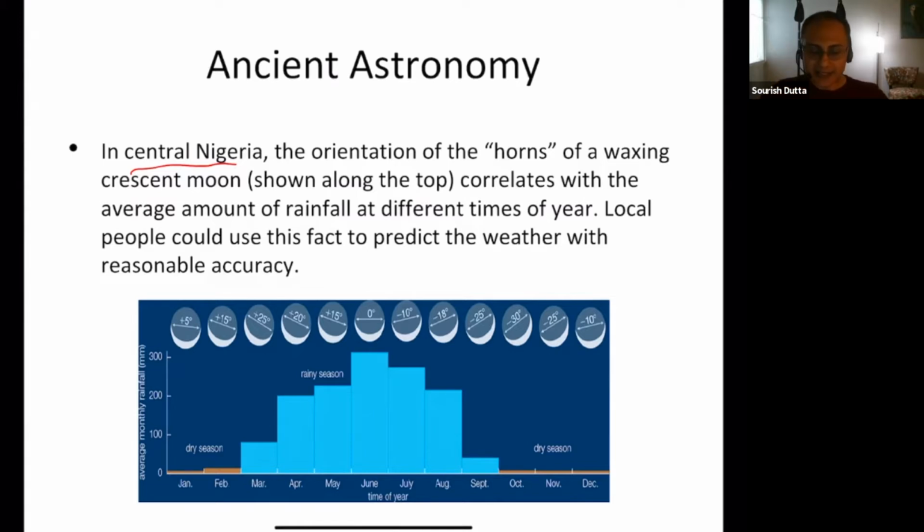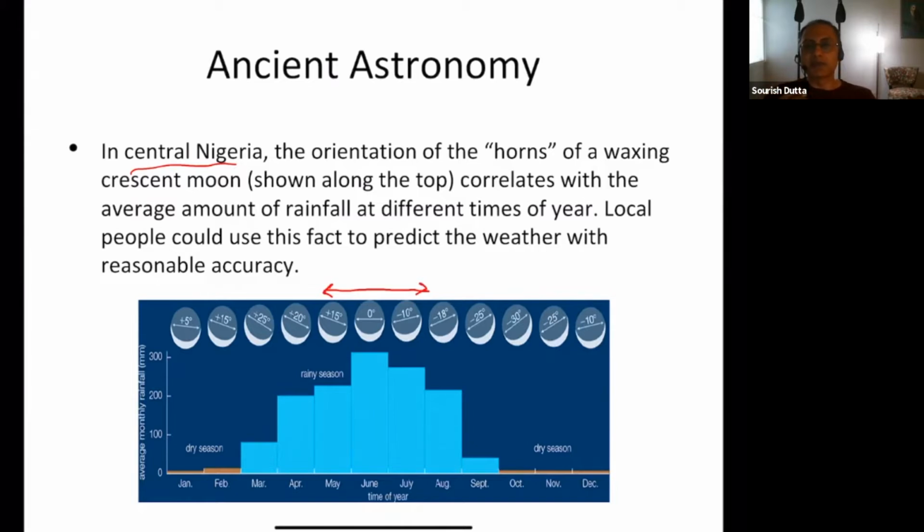As it turns out, when the crescent moon is more or less in this configuration, you have a lot of rainfall. That happens at the time of the year when they have a lot of rainfall.